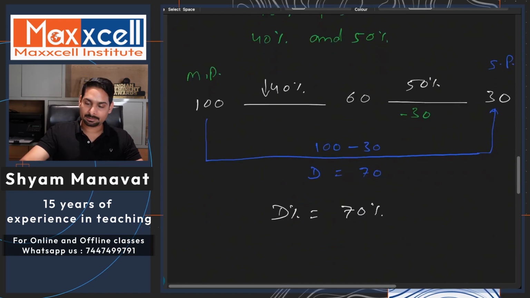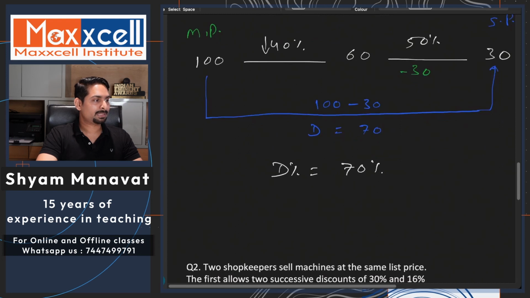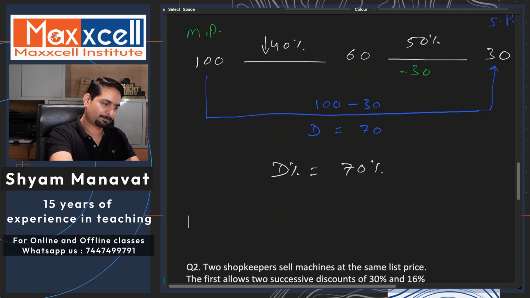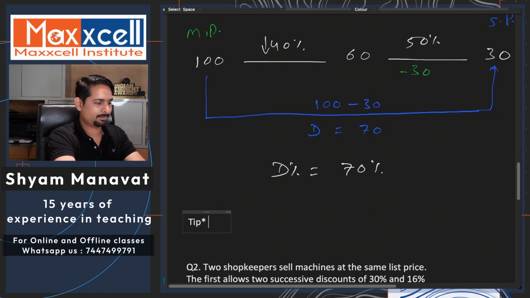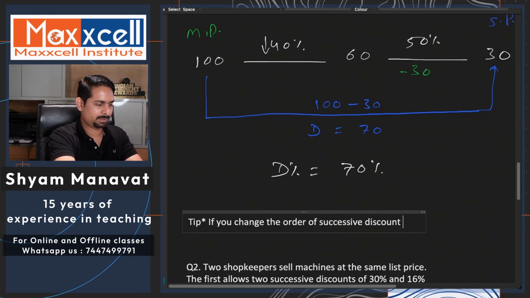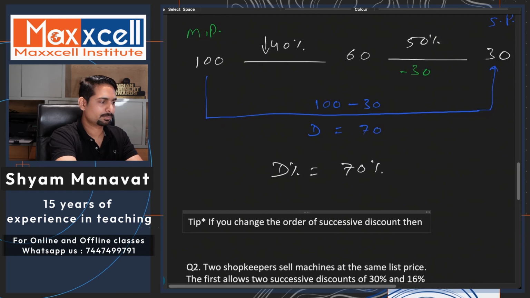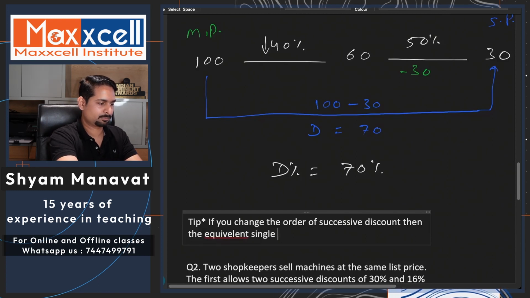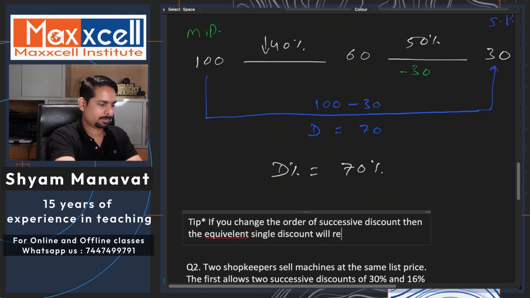Yes, it means you can write a tip here. If you change the order of successive discounts, let's make a note here. Okay, tip. If you change the order of successive discount, then the equivalent single discount will remain the same.